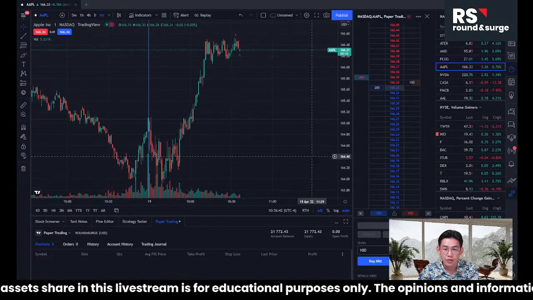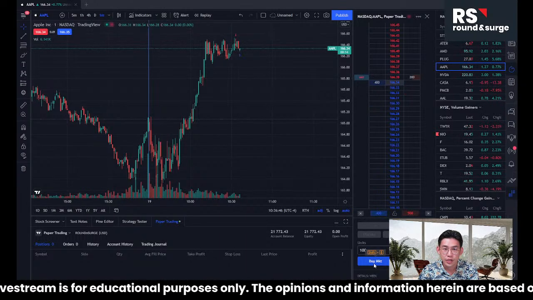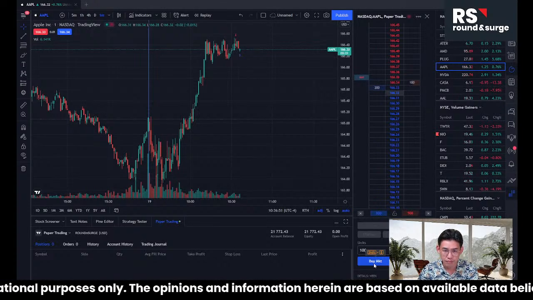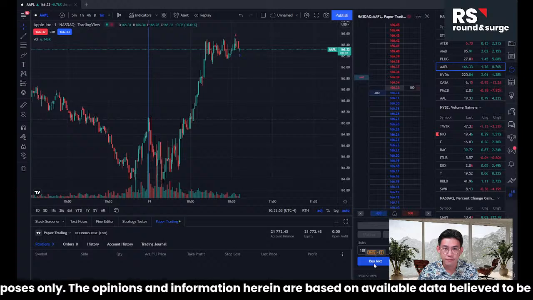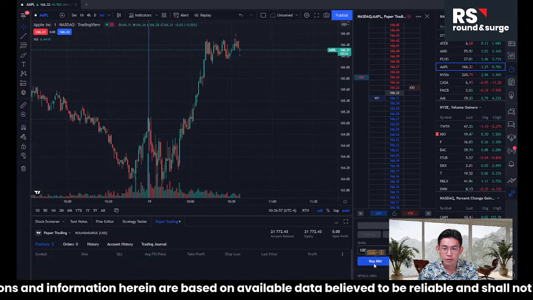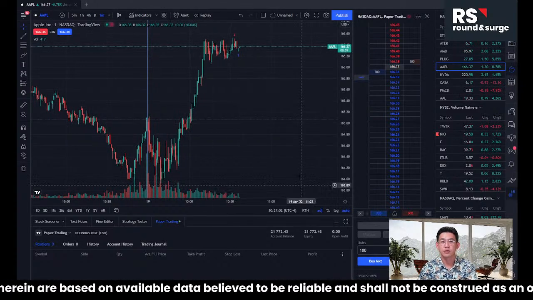Higher volume here. In this case, let's wait for this candlestick to end first. Then we move in for a long position. All right, okay, let's go for a long position.